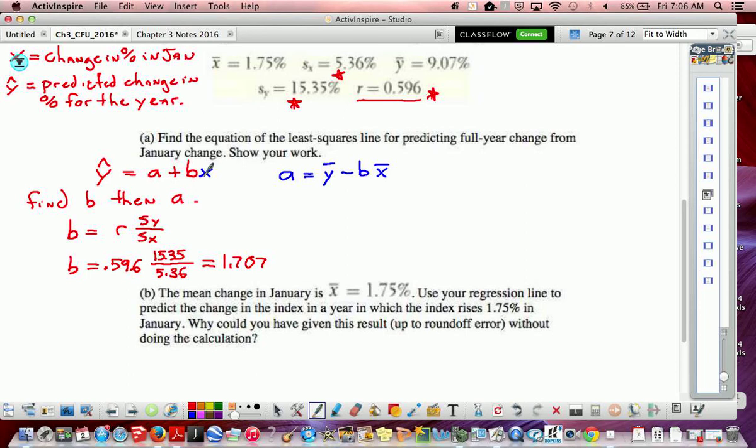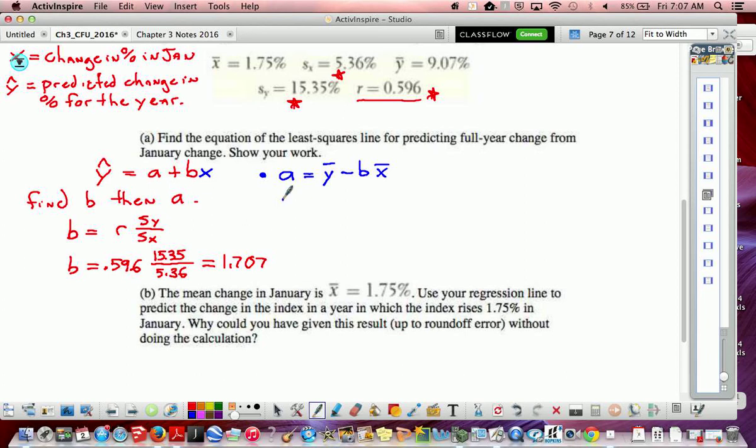How this formula in blue is derived is it's just taking this prior equation and replacing X and Y with the mean of X and mean of Y, because those two points we know go through the equation. And then I'm just taking this BX and moving it over by subtraction so that A is all by itself.